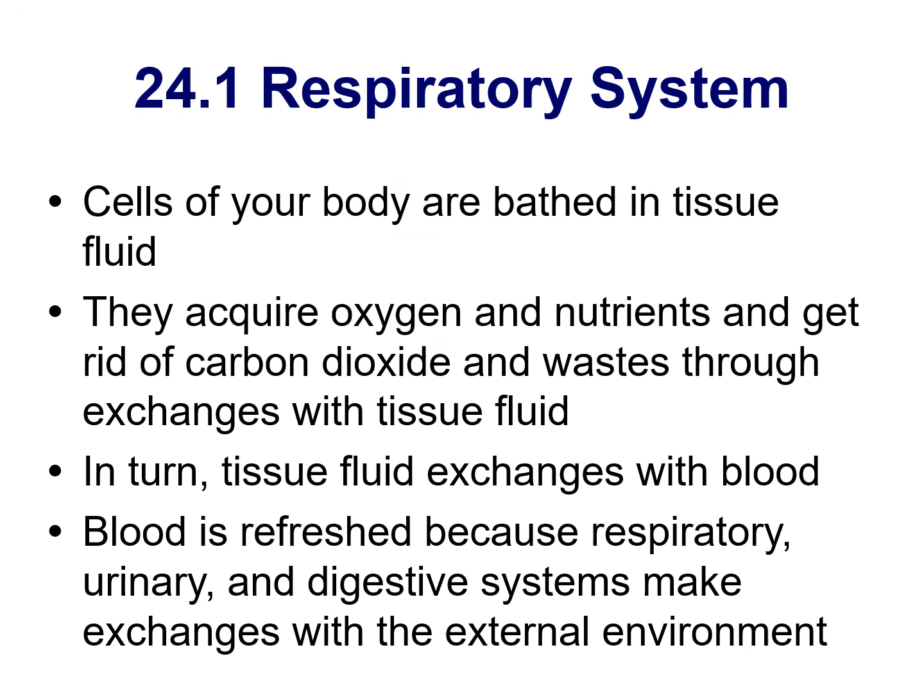All right, so this is all about chapter 24, the maintenance systems of the body. This section is about the respiratory system. The main thing to understand here is that this is all about getting two things passed through, basically oxygen and carbon dioxide. There are different ways that we can do this, but the main way for us in our closed circulatory system is by using exchanges with the blood.